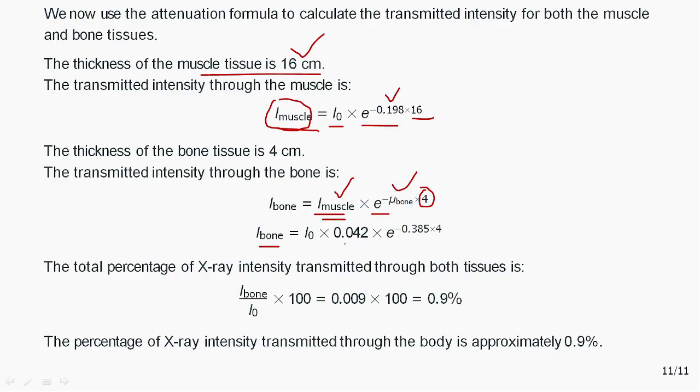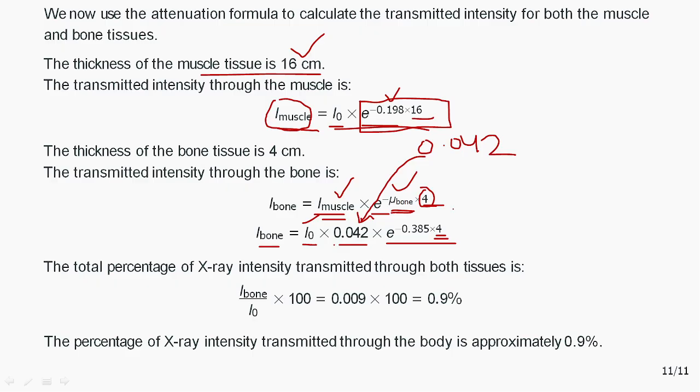This value we have calculated to be 0.042. We put that value here, 0.042, and 0.385 is the attenuation coefficient of bone, 4 is the thickness of the bone. Finally we get I bone, meaning after passing through these two layers, muscle and then bone, we get the final intensity equal to this much.